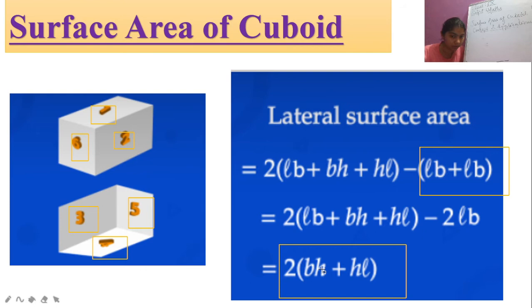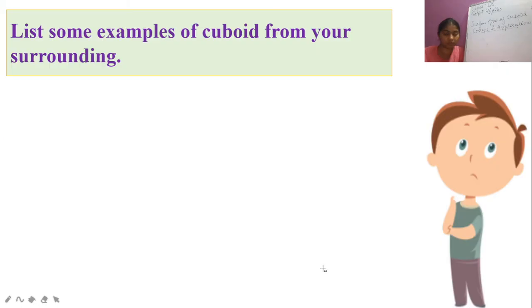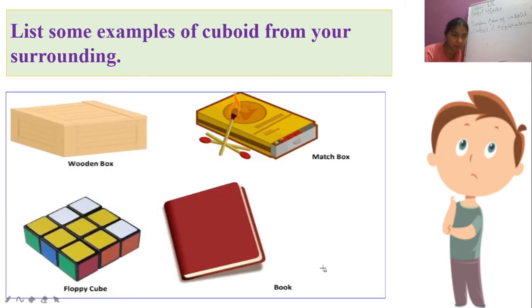Now students, you have to list some examples of a cuboid from your surroundings. Where do you see some examples? Think about it and write it down in the chat box. Okay students, I have listed some examples like wooden box, matchbox, book, and a cube. It is in the form of a rectangle, and it acts as a cuboid because it has length, breadth and height.